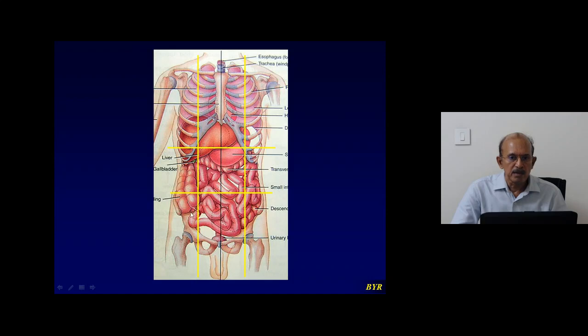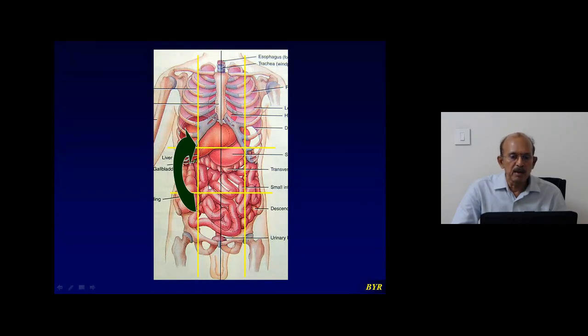This is the iliac fossa, right and left. This is the lumbar region, right and left, and this is the hypochondriac region, right and left. Whenever you examine, start with the right iliac fossa and go in a clockwise manner and examine all the quadrants, and lastly the umbilical region.